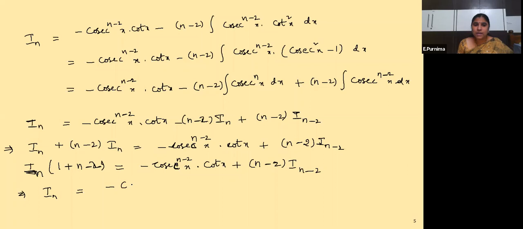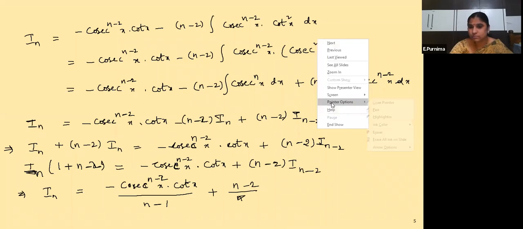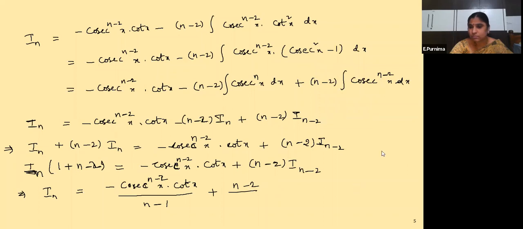So I n becomes minus cosecant to the power of n minus 2 x into cot x by n minus 1 plus n minus 2 by n minus 1 into I n minus 2. Clear, children? Understood? I hope you followed it. So this is your reduction formula.